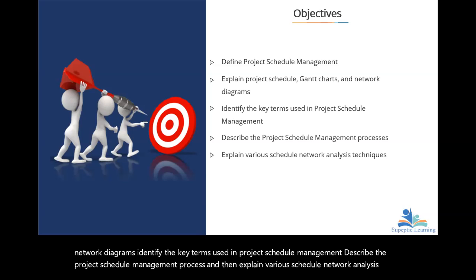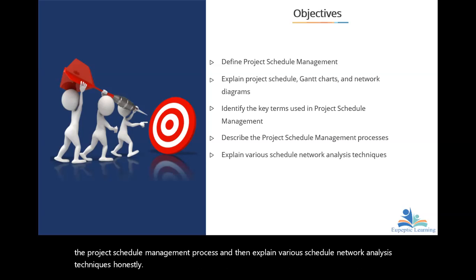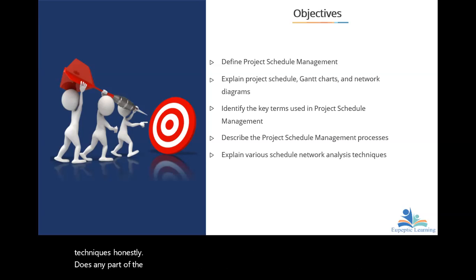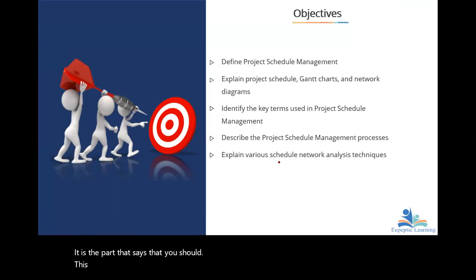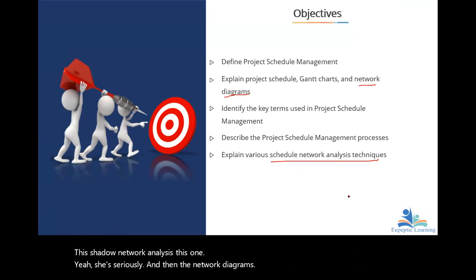Honestly, if there's any part of the exams that wastes time, it is the part on schedule network analysis, and then the network diagrams, i.e. determining the critical path, determining the float, the lead, and then the lags.